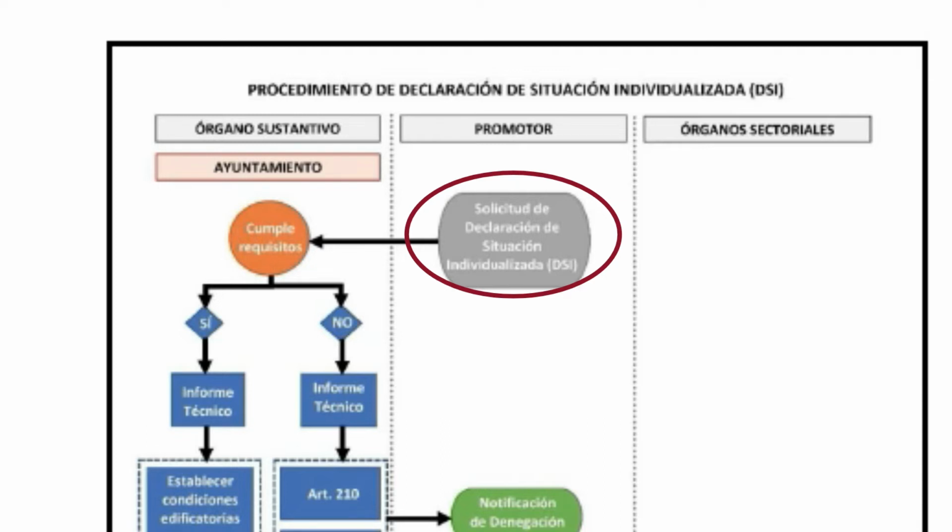You want to be accepted as apt or appropriate for being considered for a license, but you're not actually requesting a license at that point. So promotor in this case would be, in most cases, the owner of the property. So if you have a property of this type and you're hoping to legalize the property, promotor is you.